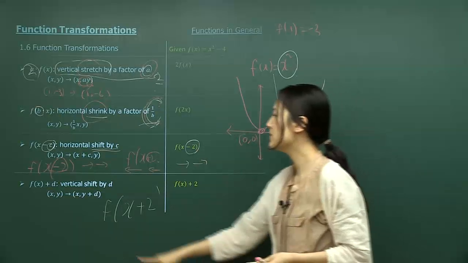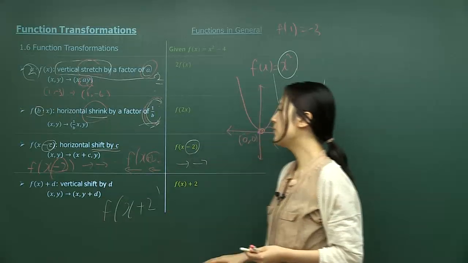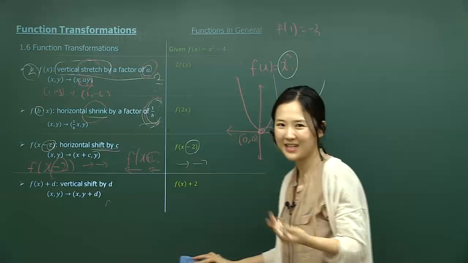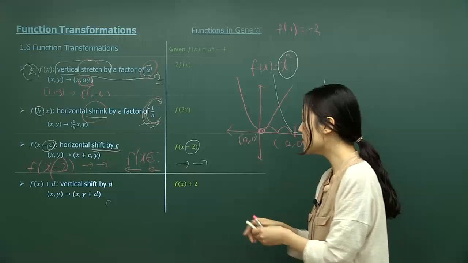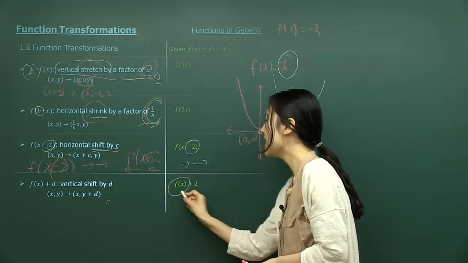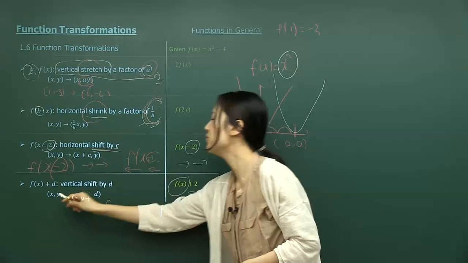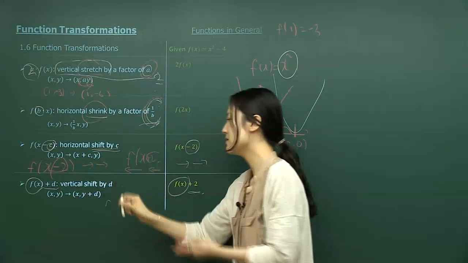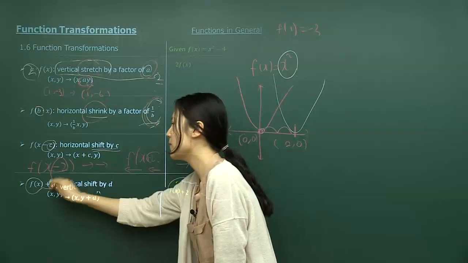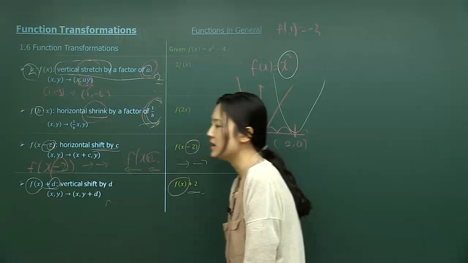Now, finally, the vertical shift. The vertical shift is actually easier than the rest of it. Well, that's what I think, at least. A vertical shift basically means that your y value is being added by whatever your function is added by. Hence, everything will be going up or down by whatever the value d is.